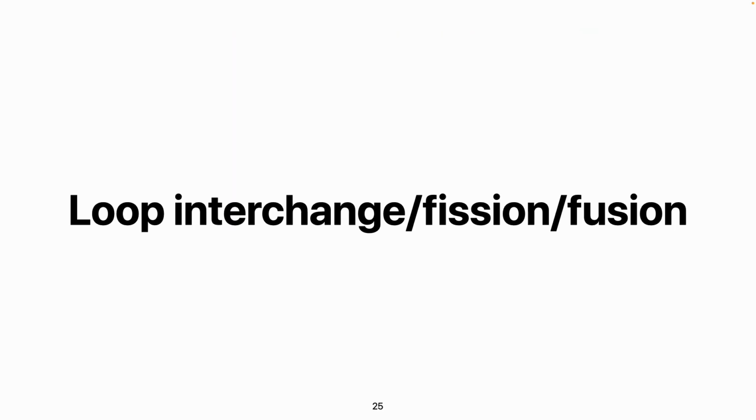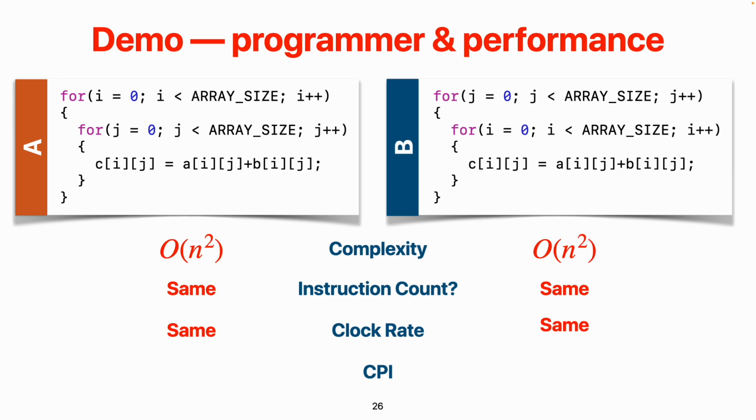Okay, the second part, we are going to talk about how to write a loop. You might think, are you kidding me? How to write a loop? Such a simple thing. But there are actually a lot of things to talk about in writing a loop. We have already seen this example. Depending on the index you have, the CPI would be a lot different.